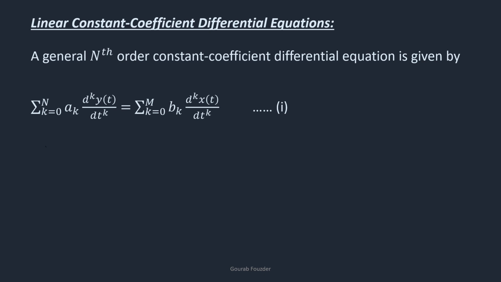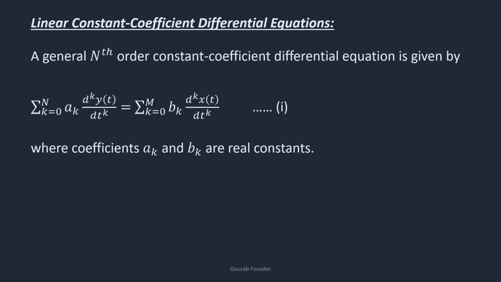It consists of a linear combination of derivatives of the system output y(t) equal to a linear combination of derivatives of the system input x(t), and it is referred to as a constant coefficient equation because the coefficients are constants.